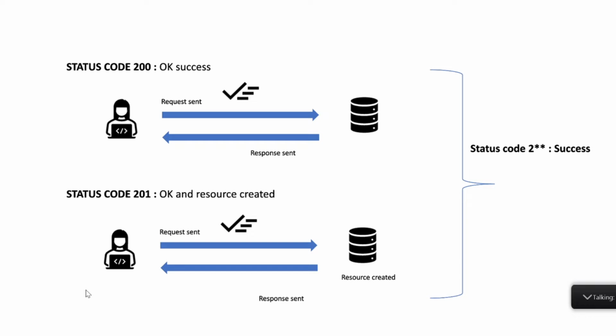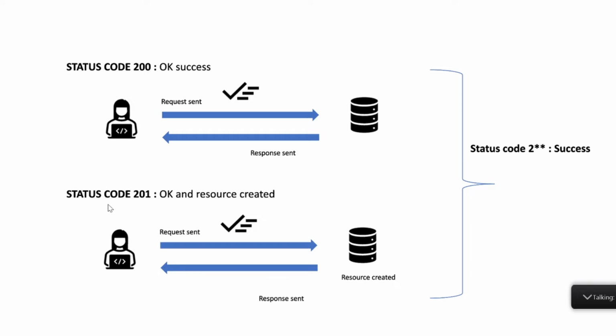So status code 200 is an okay response. It means that everything went all right: the request that you sent to the server was well formulated, the server was able to understand your request, and likely it sent you back a response. So for the 200, it means everything went okay.